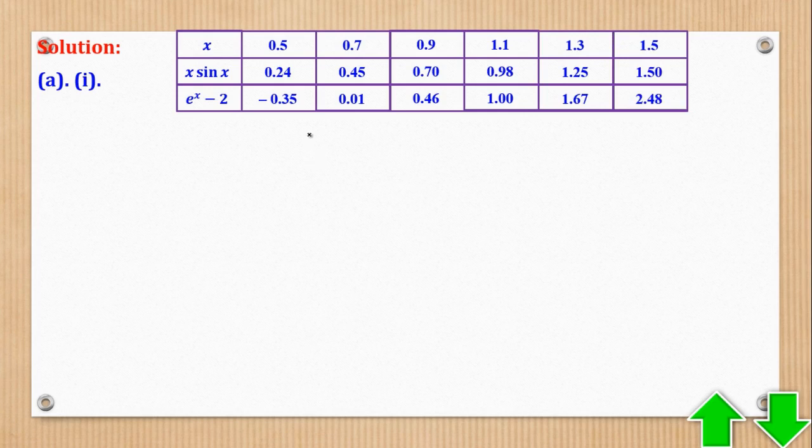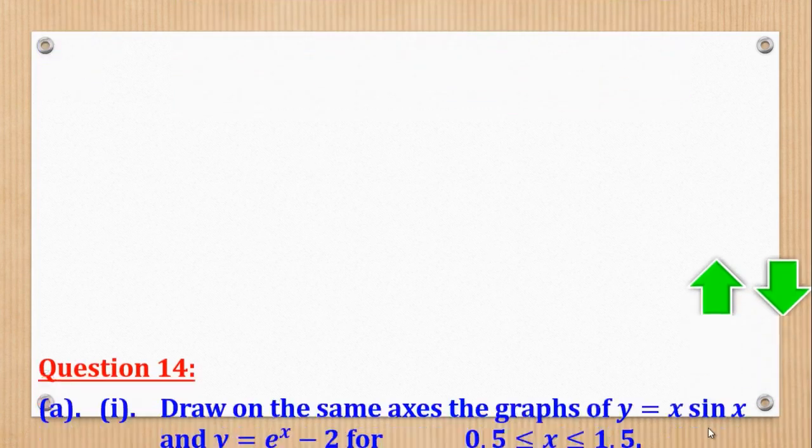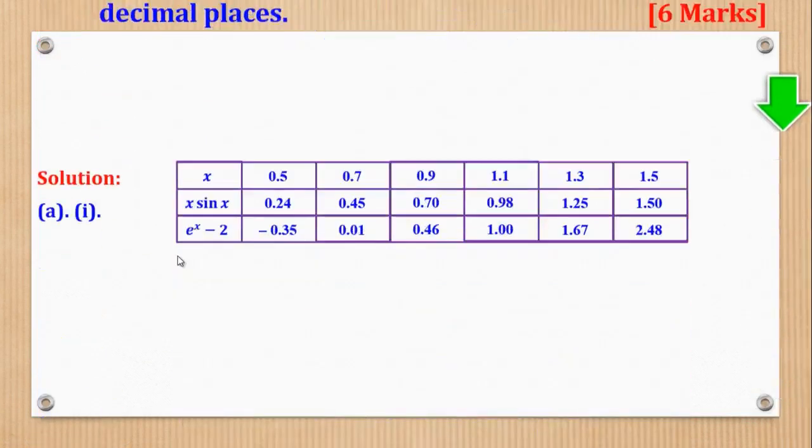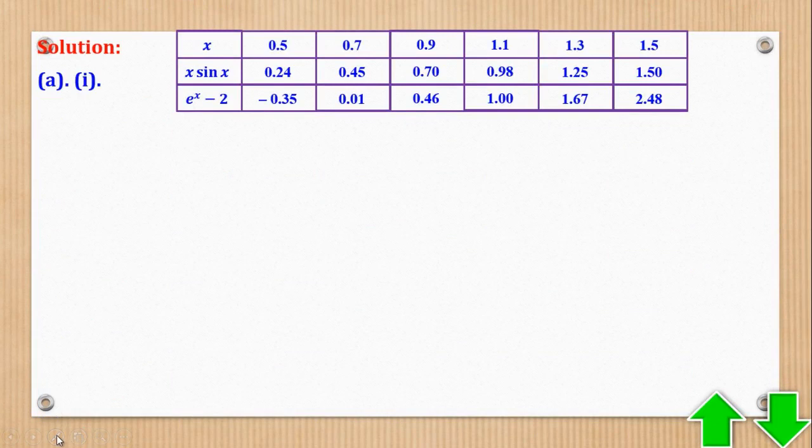So what you should realize on these values is that what is given in the question must not be altered. They want x from 0.5 to 1.5. What does that mean? It means that here your values must start from 0.5 and end at 1.5.